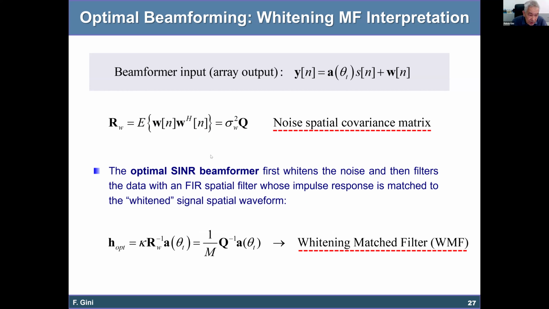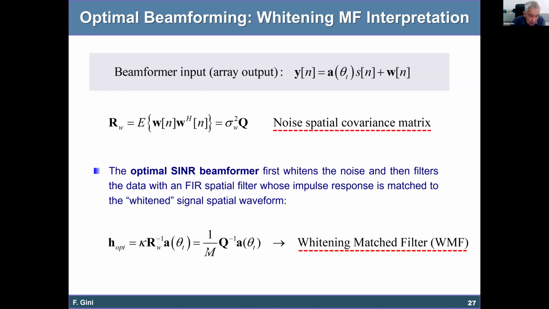So for example, if you consider the maximum SINR criterion, the optimal clairvoyant beamformer is the inverse of the disturbance covariance matrix that multiplies the array response.